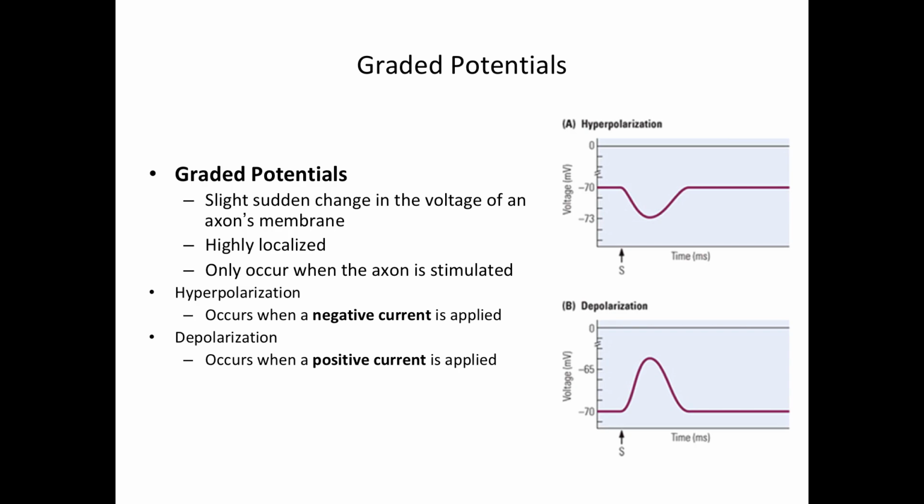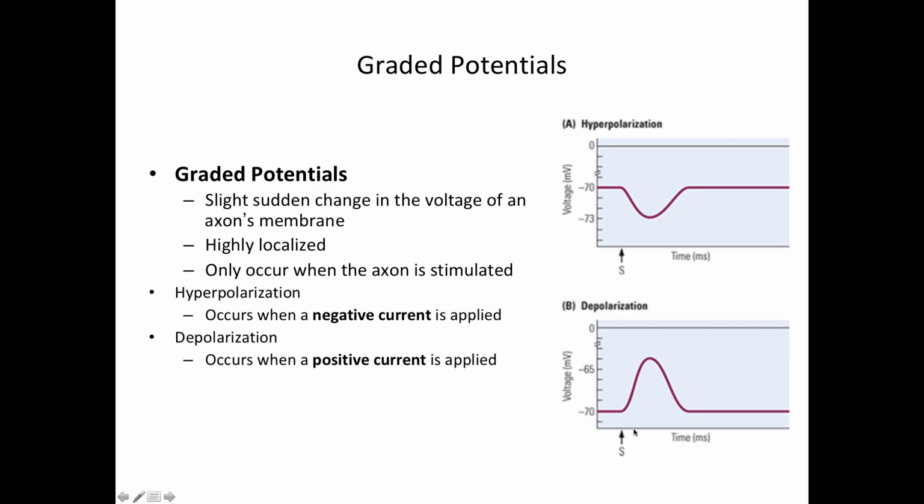Okay, so now we know a lot about the resting potential. So as we go a little bit further in knowledge to our action potential, we have to talk about graded potentials first. So graded potentials are increases or decreases in the membrane voltage, and they are very localized and restricted to where they are produced. So a decrease in voltage of the membrane is called a hyperpolarization, as you can see right here.